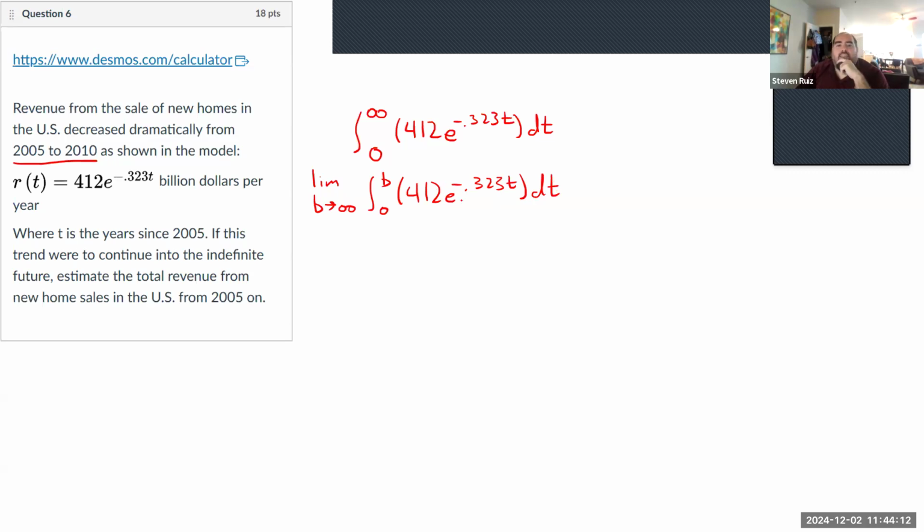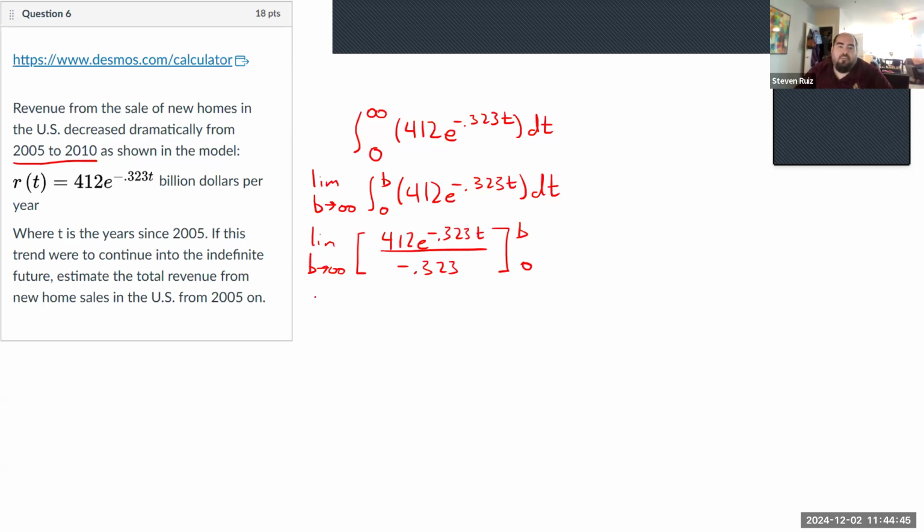All right, so let's go ahead and take the antiderivative of this. The limit as b goes to infinity of 412 e to the negative 0.323t over negative 0.323. And we're going to evaluate that from 0 to b. So what is 412 over 0.323?